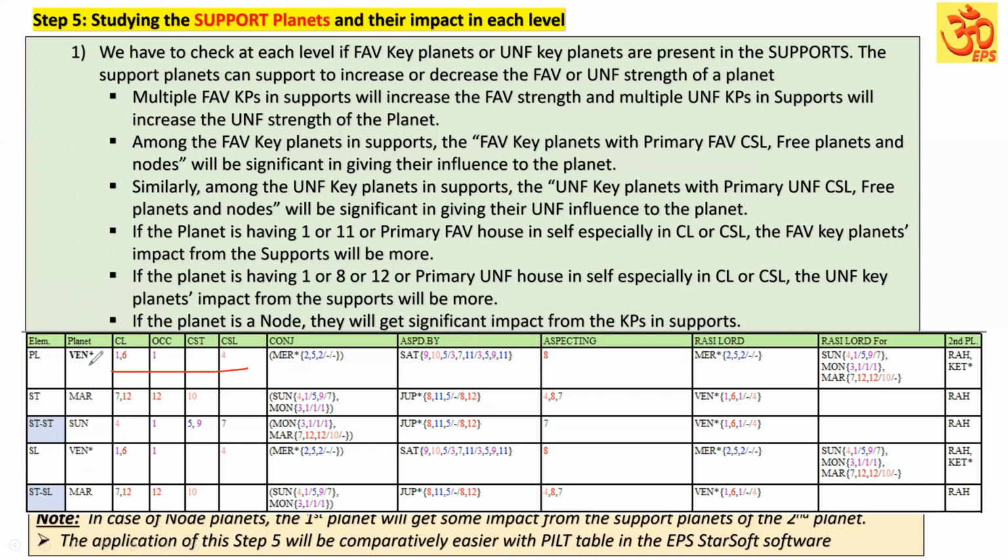And also, based on the receiving planet, where the Lagna ruler or 11th ruler or primary cuspal ruler, they will also get the influence from the support planets. I hope you have understood the impact of the support planets. Now let us discuss the rulers link.